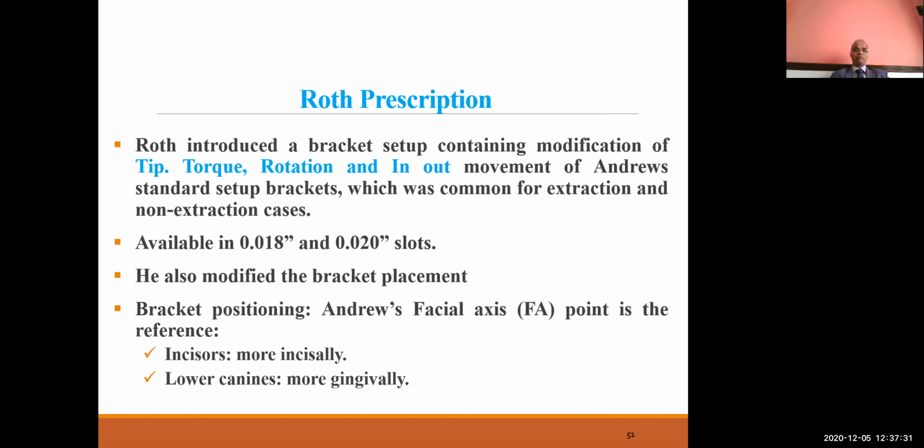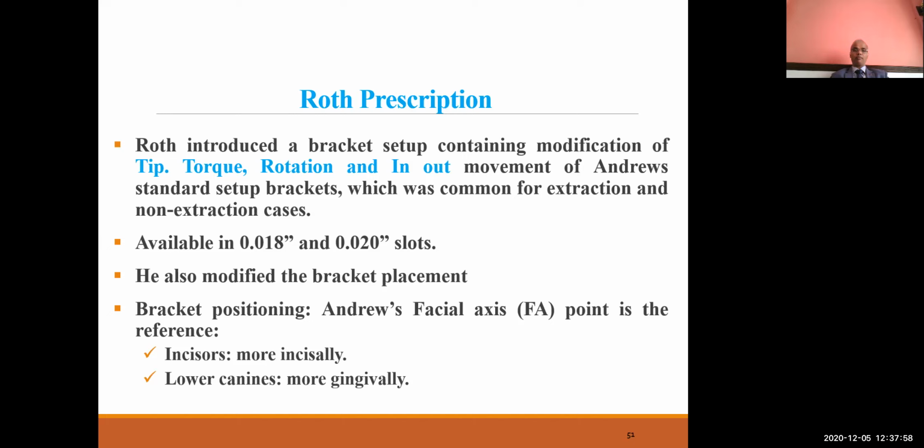Roth prescription. Roth introduced a bracket setup containing modifications of tip, torque, rotation, and in-out bend of the Andrews standard setup brackets, which was common for extraction and non-extraction cases. These brackets are available in 018 and 022.